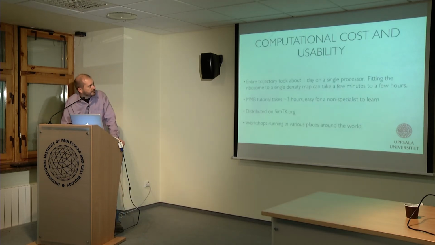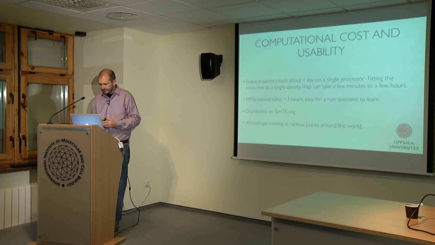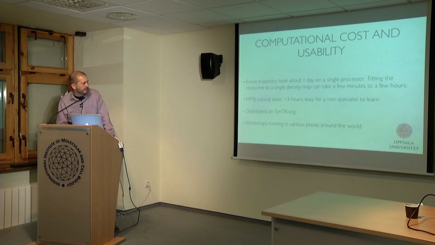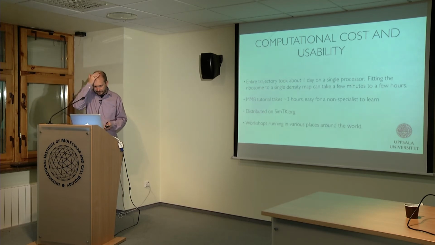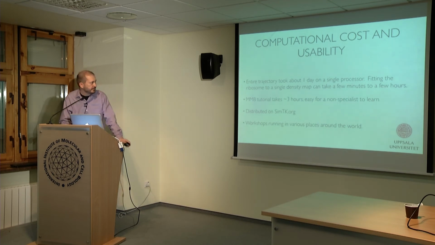Actually, I need to update some of these statistics. Sorry, but at any rate, the steps from one density map to the next varied in computer time, but most of them took roughly about a day. Whereas with other methods, it's simply not possible to generate the trajectory.